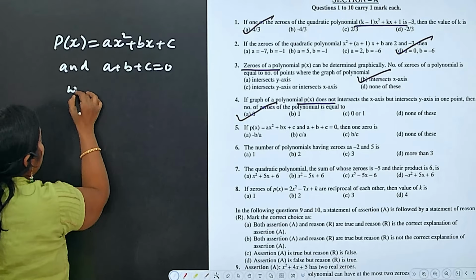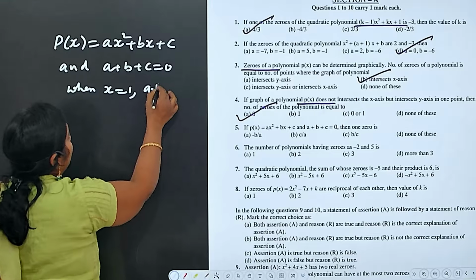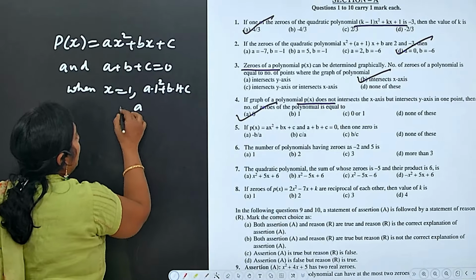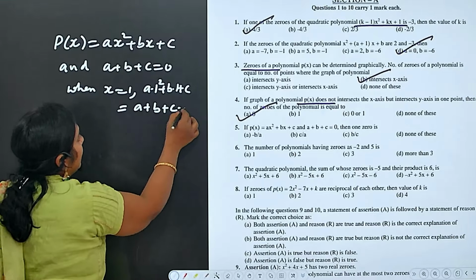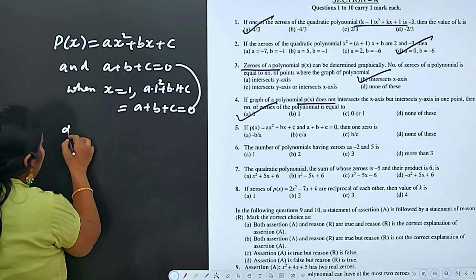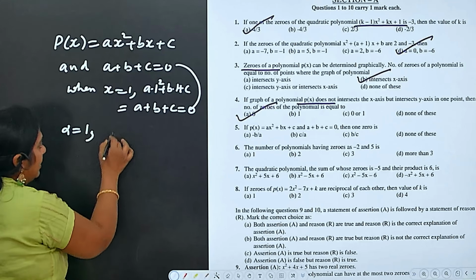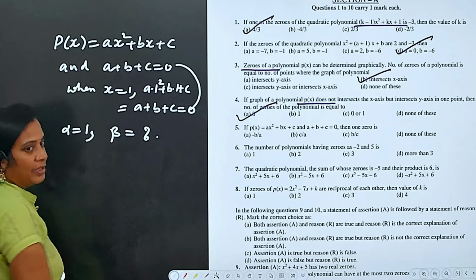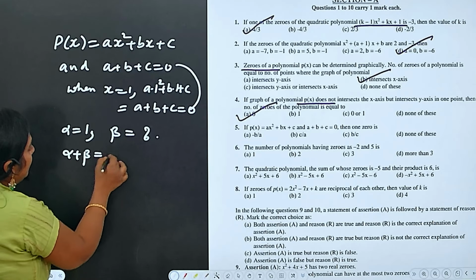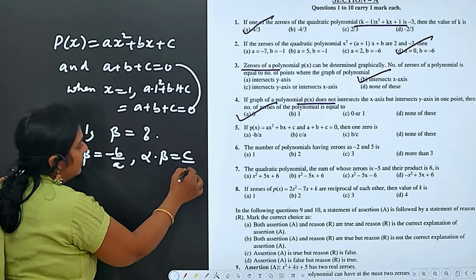Here when we substitute x equal to 1, then a into 1 square plus b into 1 plus c equal to a plus b plus c, it is equal to 0 from the condition. అంటే వాళ్ళు ఇచ్చింది ఏంటి, ఇండైరెక్ట్గా ఆల్ఫా ఈక్వల్ టు 1 అనేది 1 zero ఇచ్చారు. They are asking the another zero beta equal to how much. The sum of the zeros alpha plus beta equal to minus b by a, product of the zeros alpha beta equal to c by a.